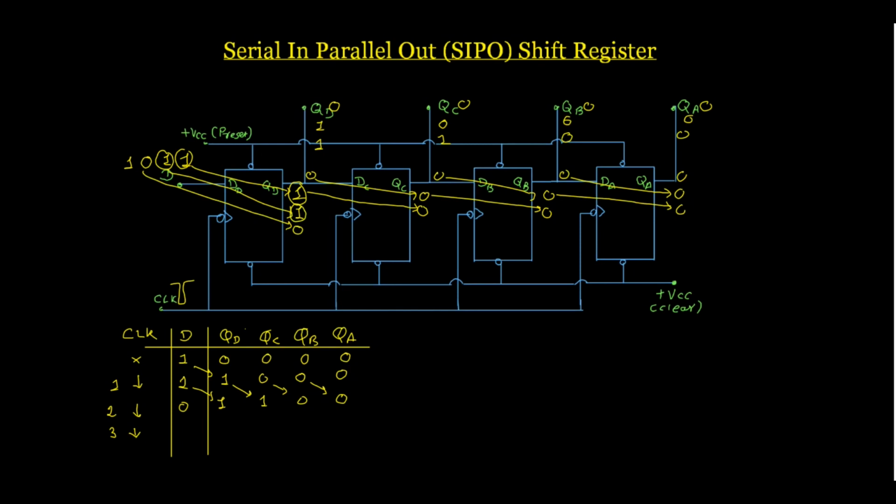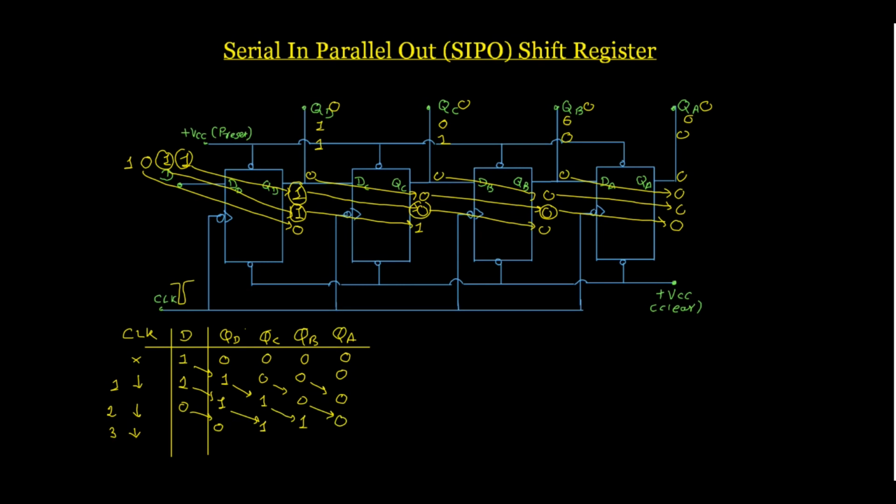This 1 is going to be transferred here. This 0 is transferred to QB, and this 0 is transferred to QA.